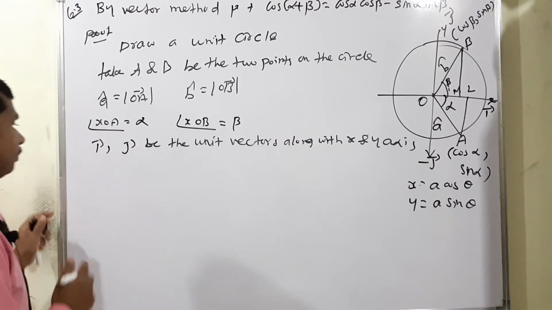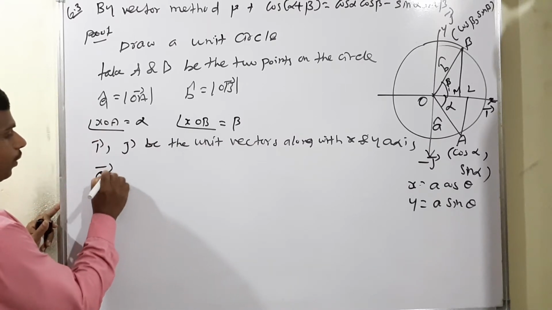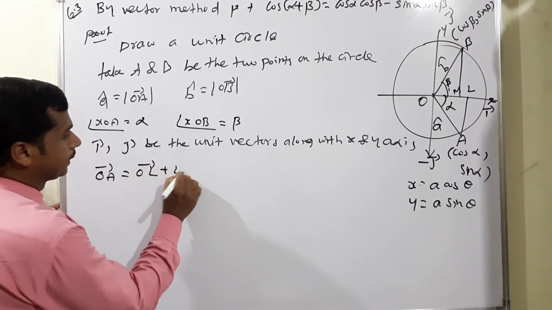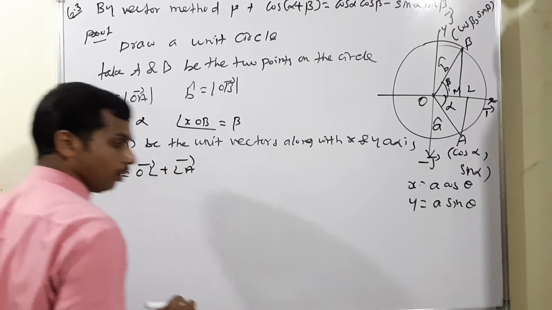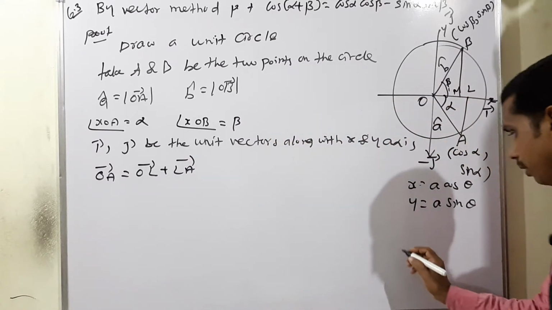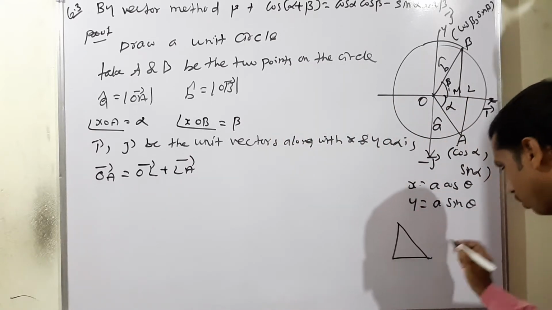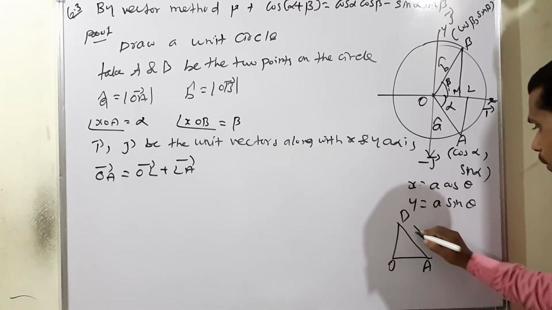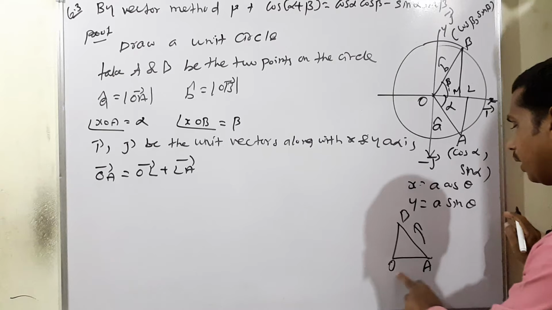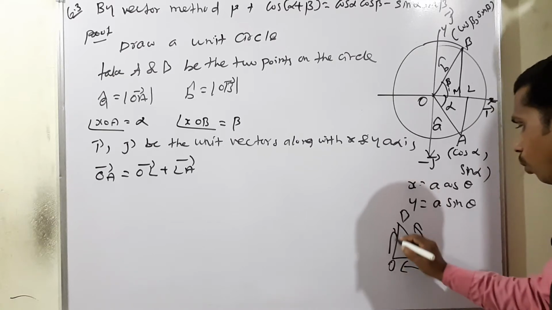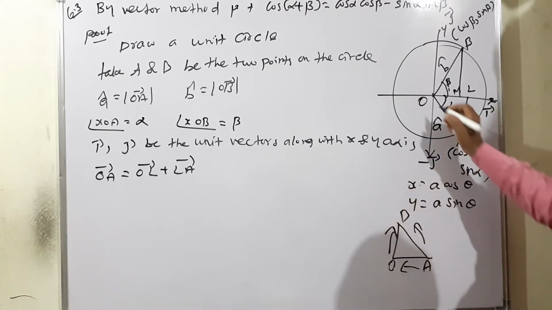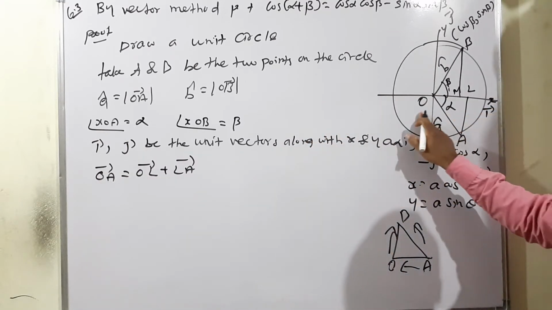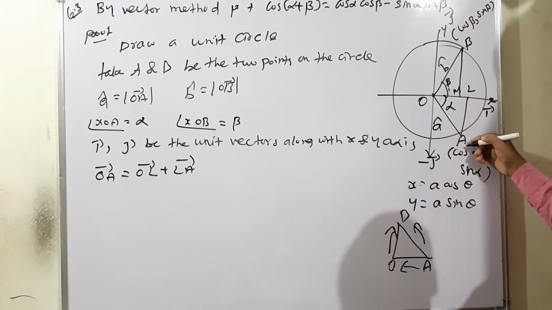To find the OA vector, it is definitely the OL vector plus the LA vector, according to the triangle law. Last year you already studied it. For example, by the triangle law, for A to B, we get AO vector plus OB vector. Here, OA vector is the OL vector plus the LA vector.